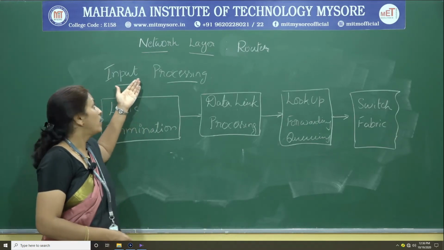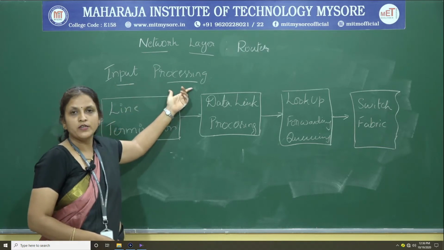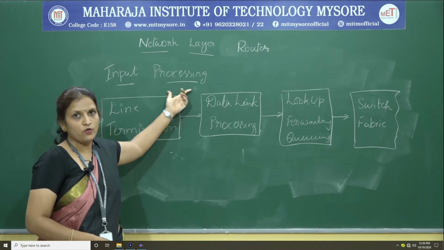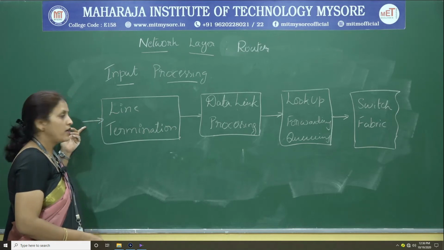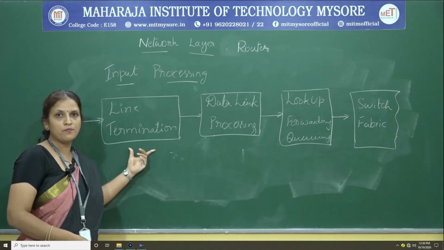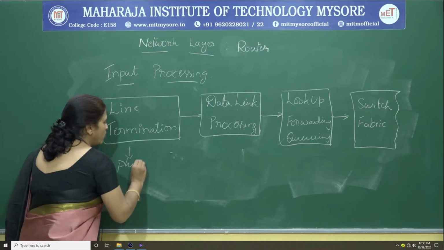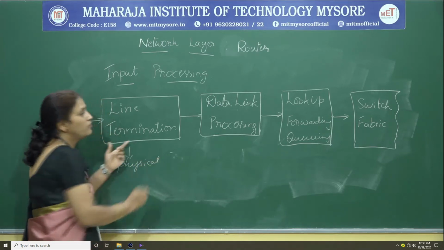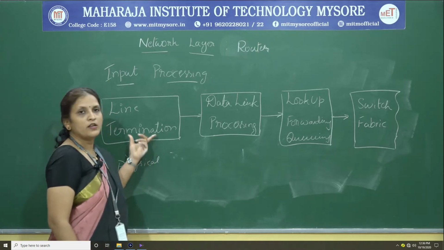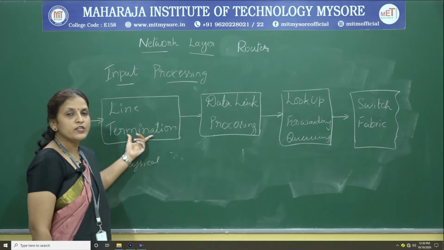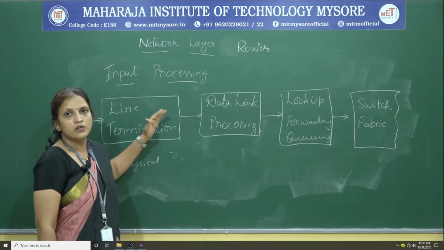So, now we will look at the input processing that is happening at the input port line. Okay. As soon as the packet arrives, the very first thing that is going to happen is line termination. This is with respect to the physical link. The input port detaches the physical connection with respect to this packet to the router.